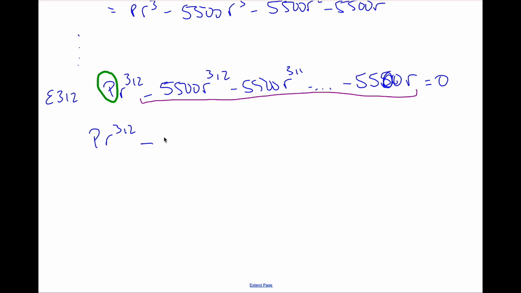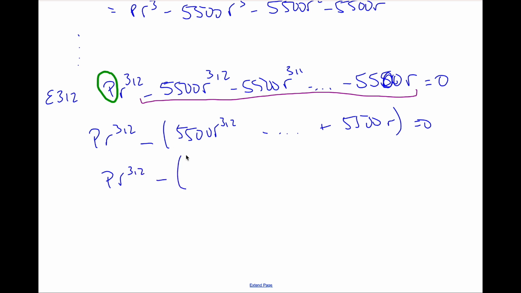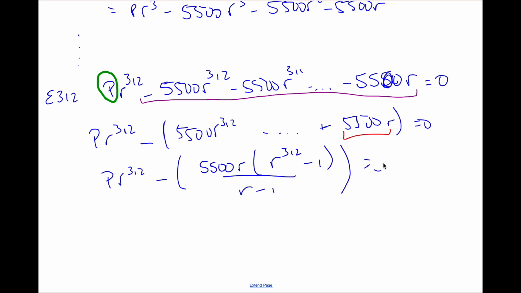If I pull out the negative, I have 5,500R to the 312 all the way down to 5,500R equal to 0. Now, I'm going to subtract this whole thing here. If I make this a geometric series, I have 5,500R times, well, each time I get multiplied by R, and there's 312 of them, R to the 312 minus 1, over R minus 1, equal to 0.